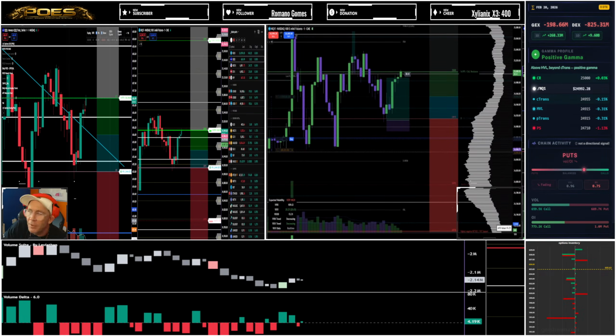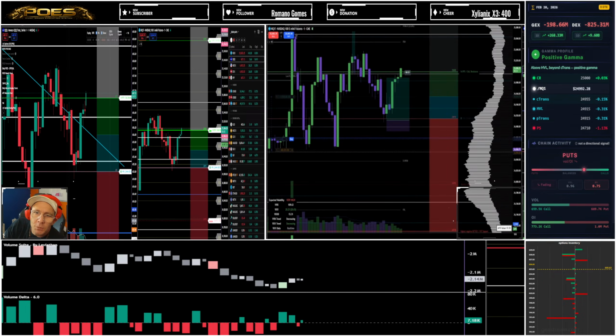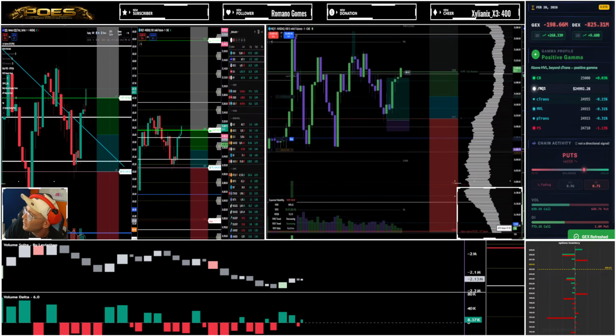Got a little pop there with a thin pullback like I was hoping for, right at that core resistance though, so we're a little bit watchy on it. Want to see that volume pop here. Come on, volume pop.